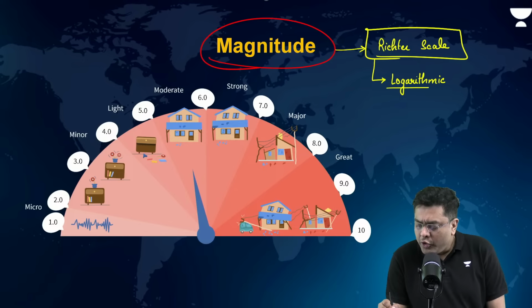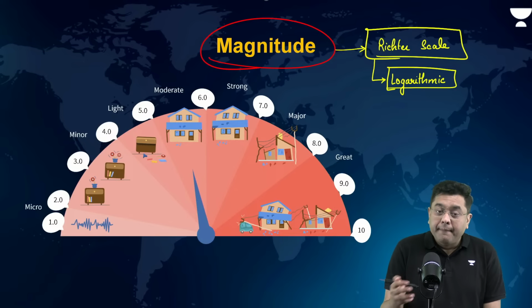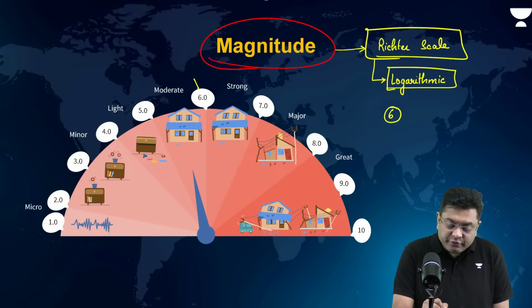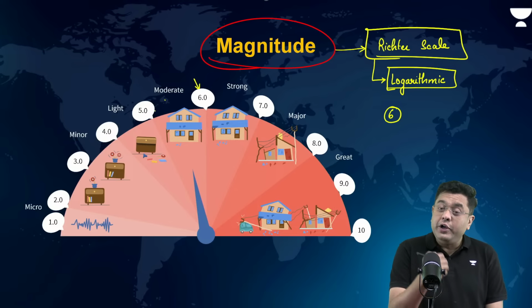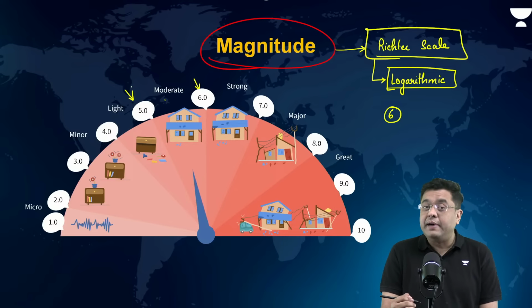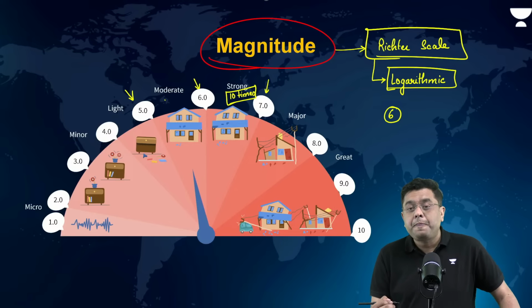Logarithmic. What do we mean by logarithmic in nature? Basically, let's suppose an earthquake of magnitude 6 is going to release 10 times more energy as compared to an earthquake of magnitude 5. An earthquake of magnitude 7 is going to release 10 times more energy as compared to an earthquake of magnitude 6.